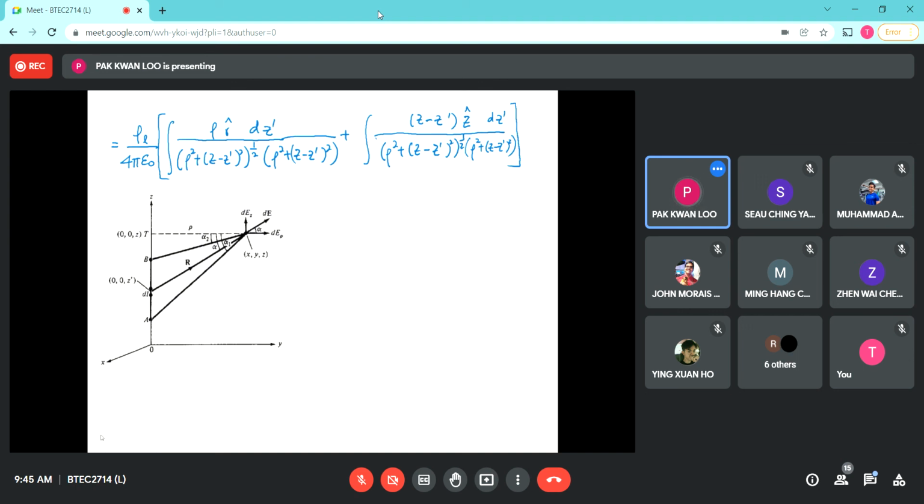As I mentioned, the magnitude of R is square root of rho squared plus z minus z prime squared.